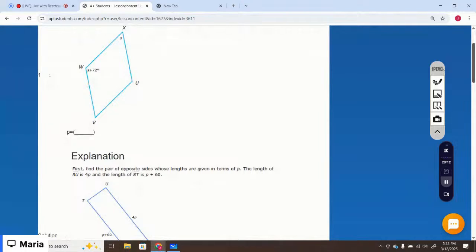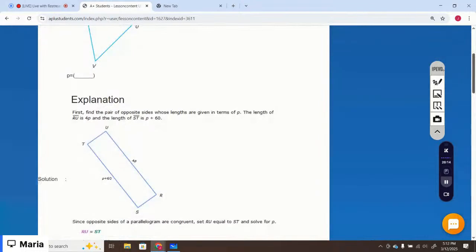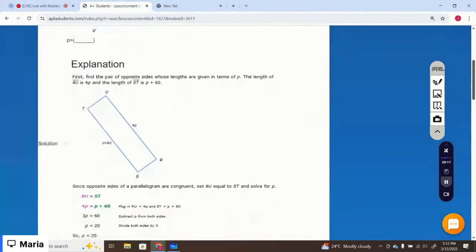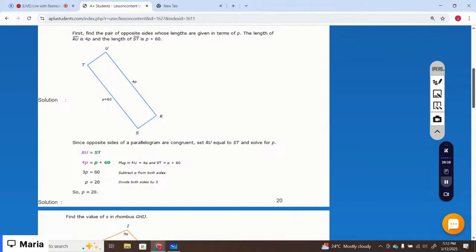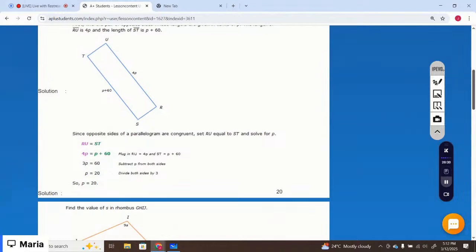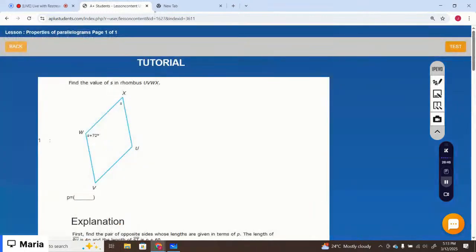You have to calculate the value of S. First, find the pair of opposite sides whose lengths are given in terms of P. The length of RU equals 4P and the length of ST is P plus 60. So P plus 60 equals 4P. So P equals 20. Let's start with the test questions.